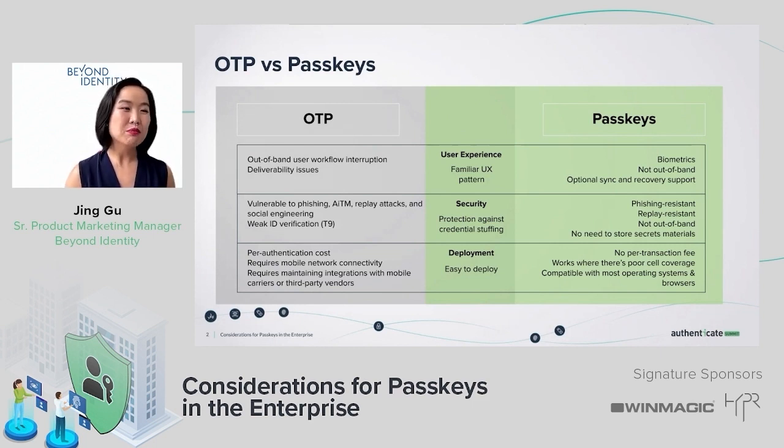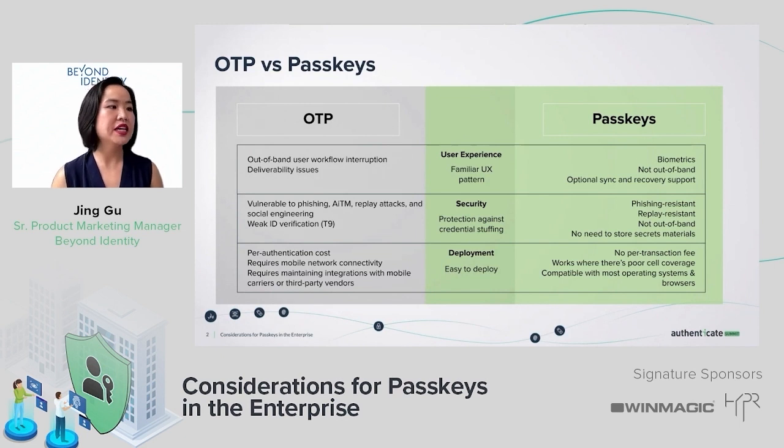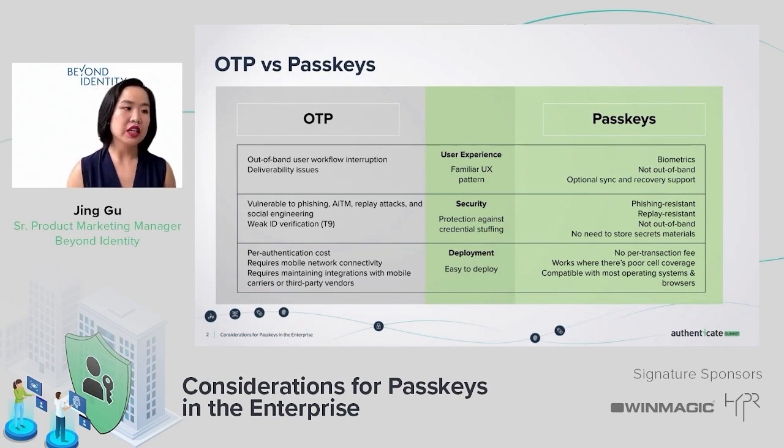OTPs also do not provide a very high assurance of user identity, and your organization does not manage or have visibility into these devices typically, which is another point of security vulnerability. Passkeys, of course, are phishing resistant by default, replay resistant, and don't require out of band. This level of security is achieved by the cryptographic challenge and response protocol, and it's scoped to a particular relying party's domain.